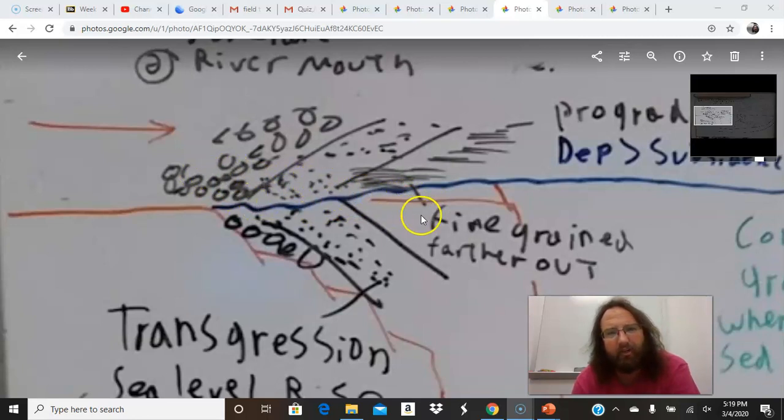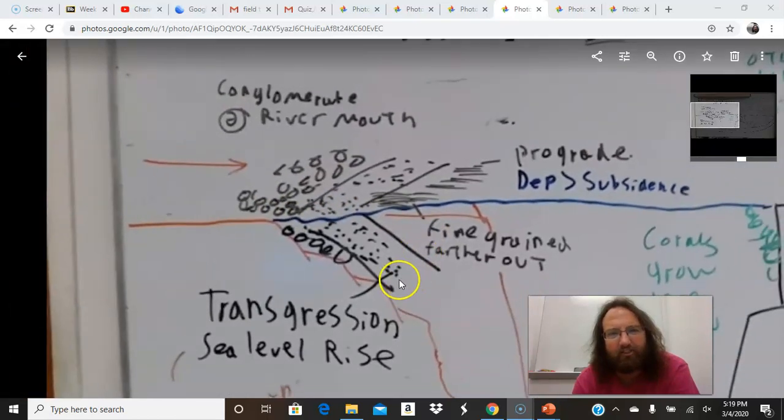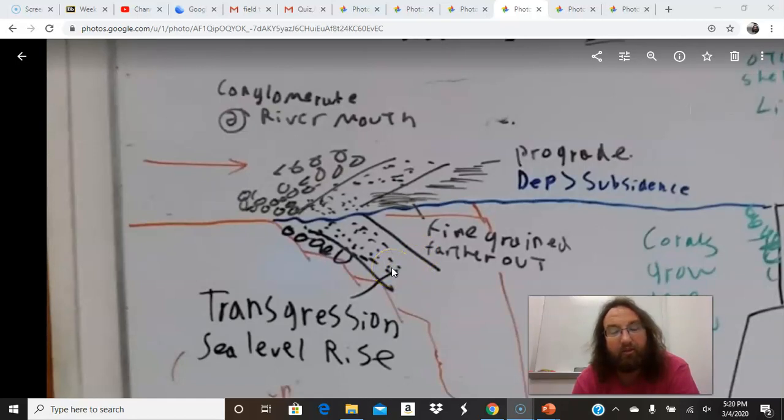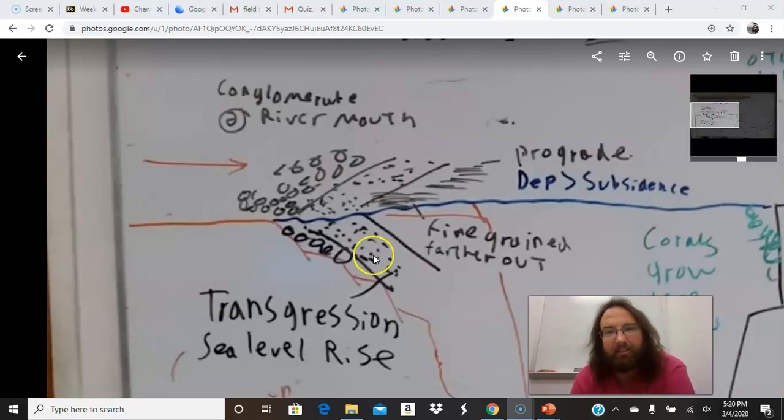And we call this a transgressive sequence, where your subsidence and/or sea level rise is greater than the rate of deposition, or you're experiencing sea level rise.